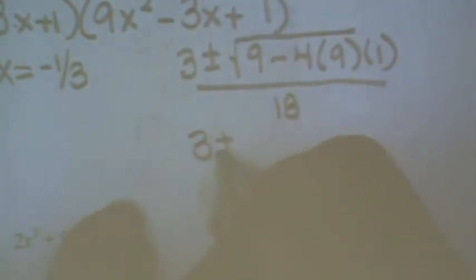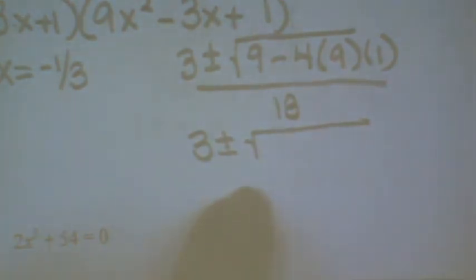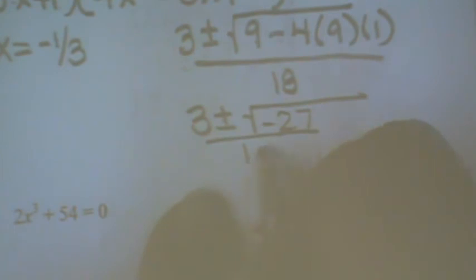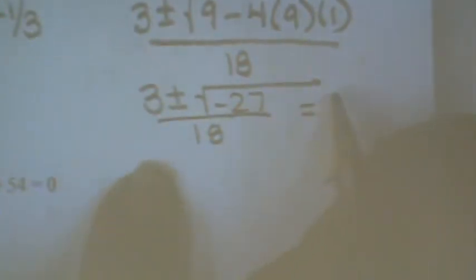So we have 3 plus or minus, we have 9 minus 36, which is negative 27, over 18, which is going to be 3 plus or minus 3i root 3 over 18, and you can cancel a 3 out of all three of these. A 3 goes into 3 once, and 6. So your answer here is 1 plus or minus 1i root 3 over 6. Now you don't need this 1, you can just say i root 3.